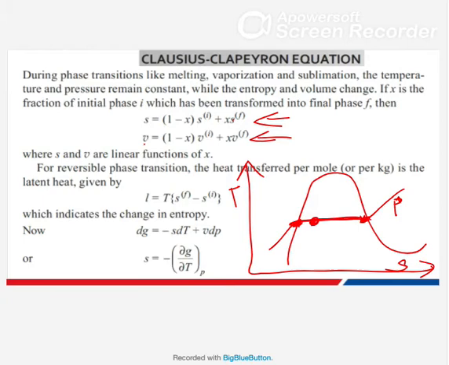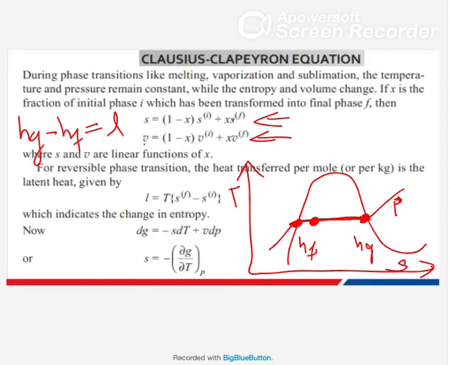Next is the latent heat. What is latent heat? Let's say here we have enthalpy hf and here we have enthalpy hg. Then hg minus hf is what?